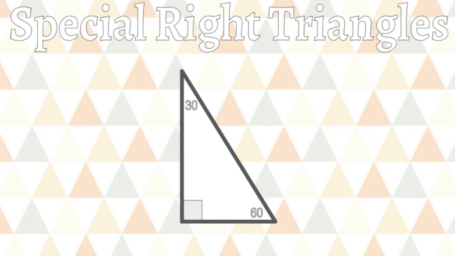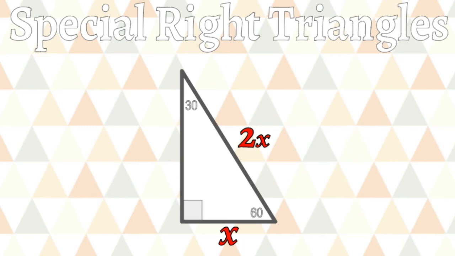And the cool thing about these types of triangles is if you know one side length, you automatically know all 3. So, the side opposite the 30-degree angle, we're just going to call x. The rule is whatever that side of x is, the hypotenuse is double that length. So that's why I have 2x there. 2 times x is double the length.